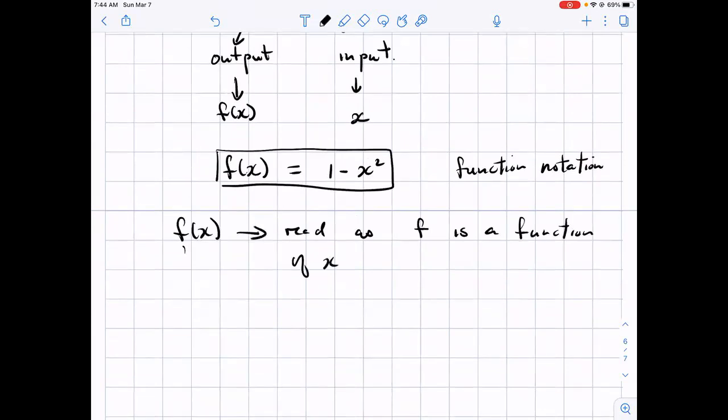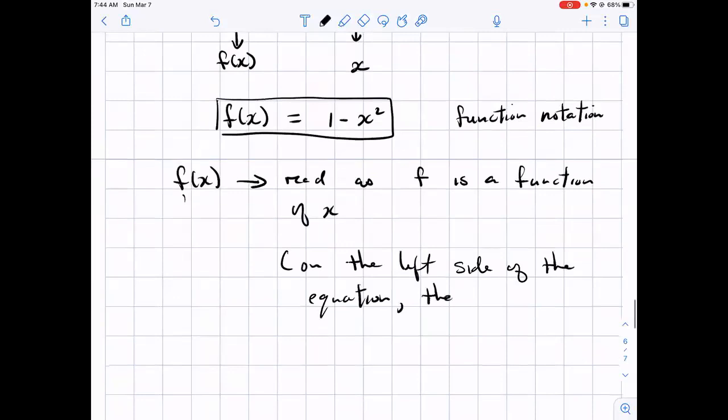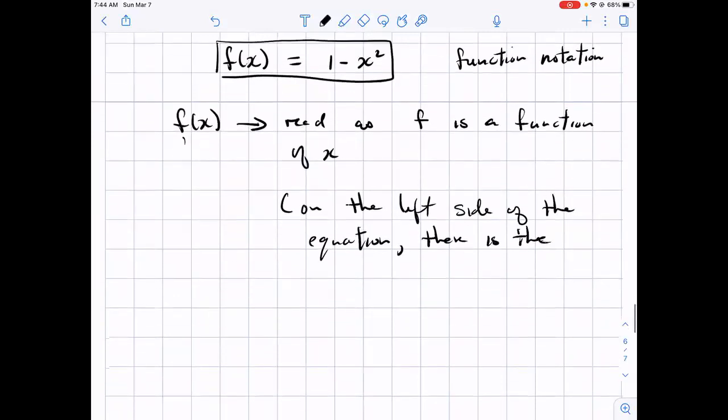And basically what it implies is that on the left side of the equation, there is the variable x.